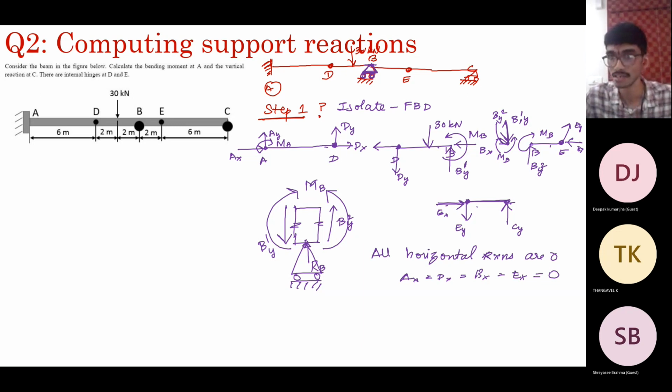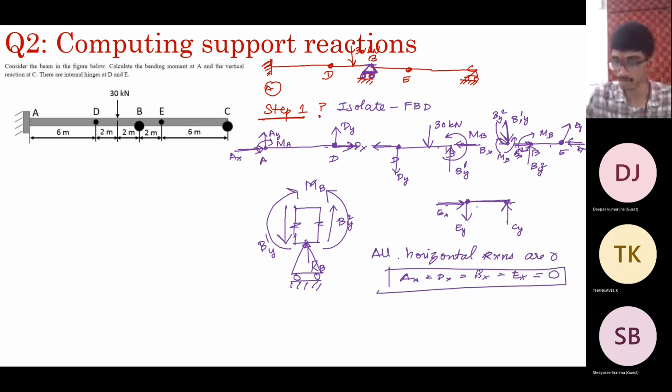Now come to this point. The EX is acting here, and here you have a BX2. So EX is equal to BX2 is what you will get. Since this is 0, this is also 0. So slowly it propagates. BX is 0, which means DX is 0. And if DX is 0, we get AX also equal to 0. So all horizontal forces are 0.